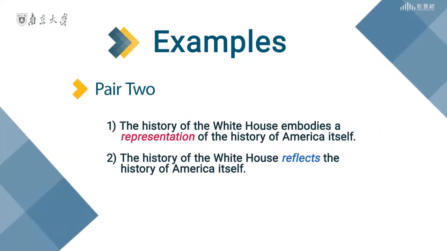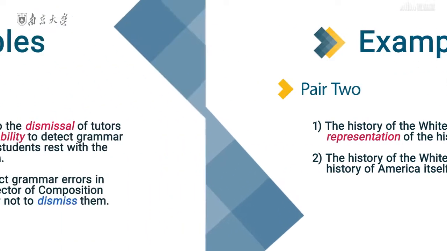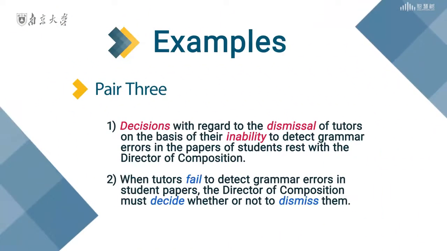For pair 2, the second sentence is clearer because it changes an abstract word representation into a more concrete word, reflect. For pair 3, the second sentence, which uses verbs such as fail, decide, and dismiss, is shorter and easier to read than the first one that relies heavily on nouns like inability, decision, and dismissal.